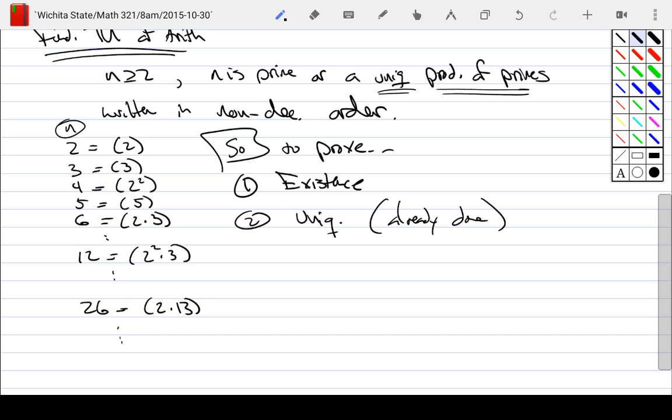That leads to a contradiction. The only way that can possibly happen is if those primes actually divide 1. Really what that says is if you put the primes on both sides and cancel, the only thing left is the number 1, right? 1 equals 1, because they're identical is really how that works out. So we've already done that one. This is what we're about to do. To do existence, we need strong induction.